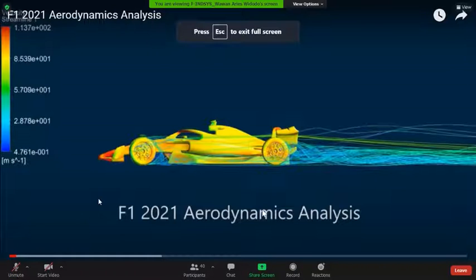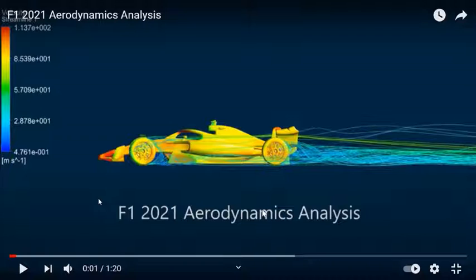This is the application of numerical simulation, or what we call CFD, computational fluid dynamics. This describes how to identify the flow characteristics around an F1 car. The color here indicates the velocity, or maybe pressure.